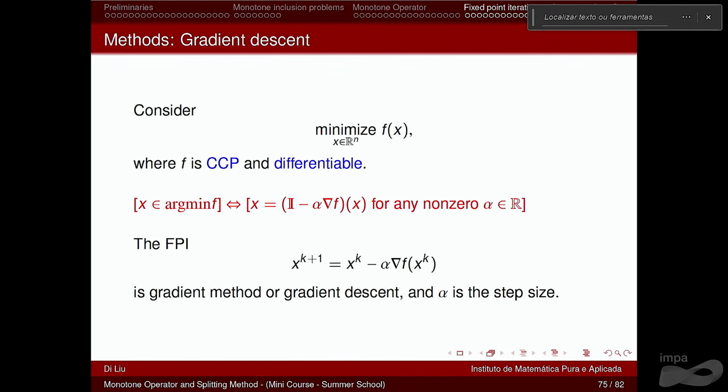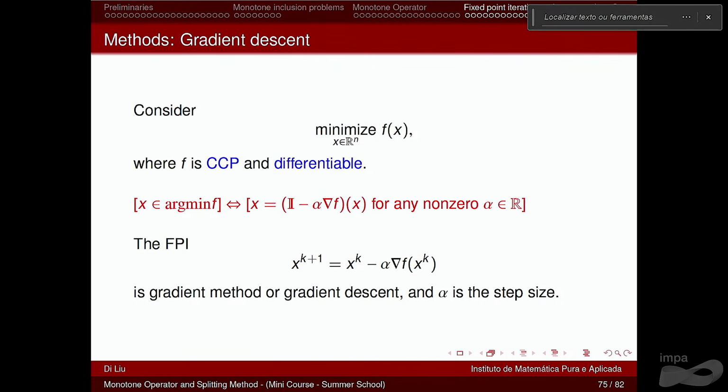Okay, so let's consider some examples with the theorem we just analyzed. We go back to the gradient descent method. We want to minimize this function. We assume f is CCP and differentiable.